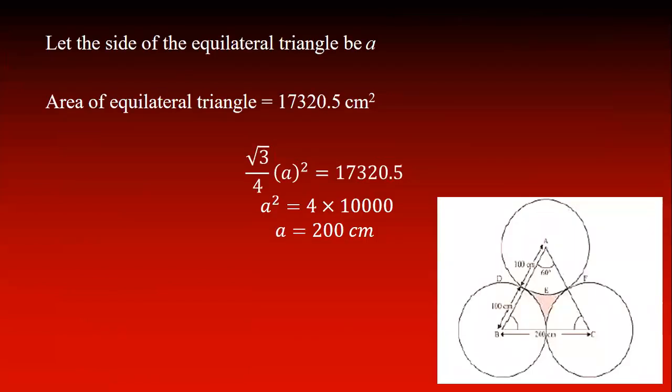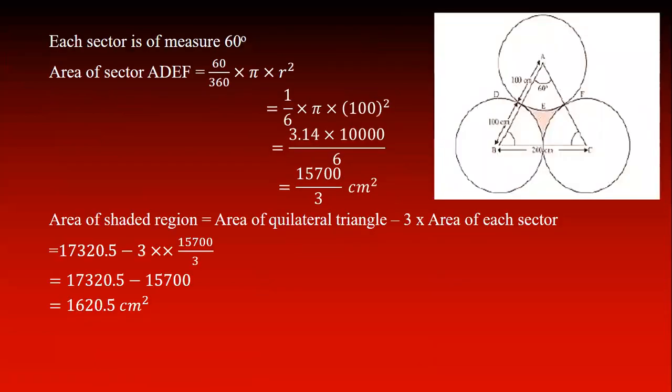Now, let a be the side of the equilateral triangle. It's given that area of the equilateral triangle is 17320.5 centimeter square. So root 3 by 4 side square is the given value. When we solve it, we get a to be 200 centimeters.